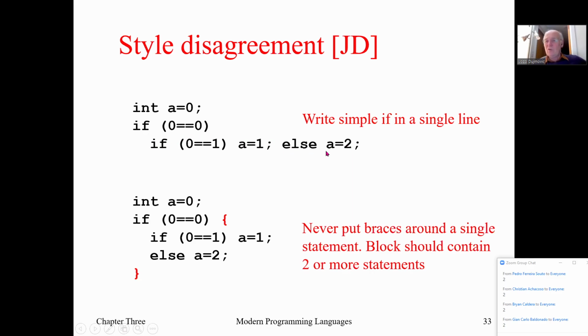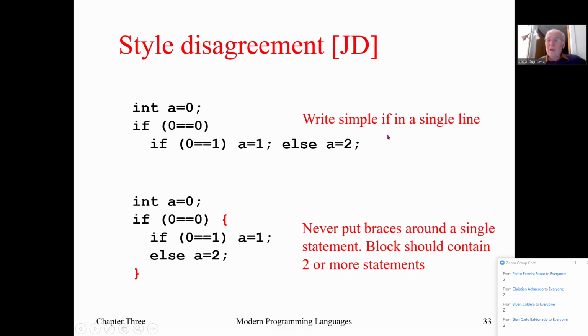This is so short, so readable, so trivial that you don't have to put that in 3 or 4 lines. You just write it in a single line. Make it short, simple, readable. And then, of course, indent it. So if 0 is 0, this is true. Therefore, we are going to execute this line of code. That's how I write my programs. I suggest you do the same. Or if you don't like it, do something else.